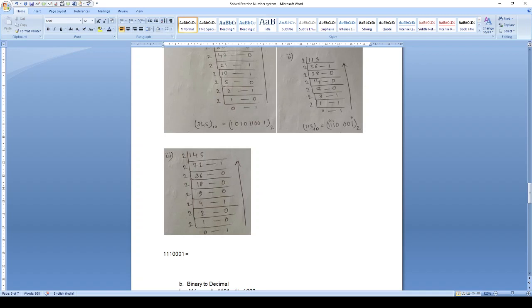We will start by writing 2 to the power 6, right? You can see I have written it over here. 2 to the power 6 into 1. So don't write it like this, you have to do it mathematically, right?